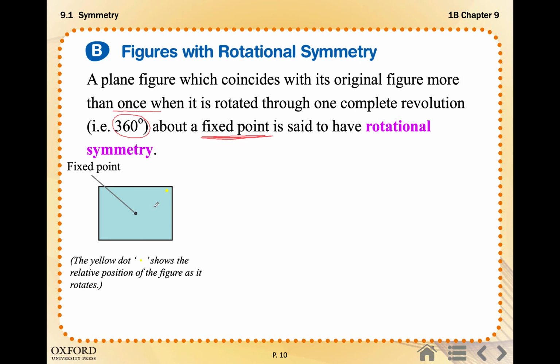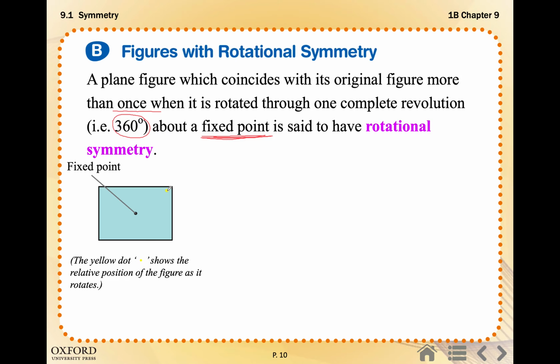In this figure, I just mark a yellow dot here to remind us that it turned for one round, that means 360 degrees only.